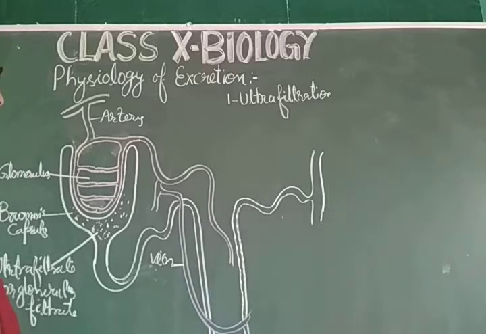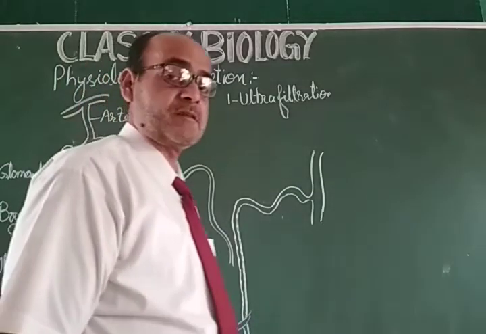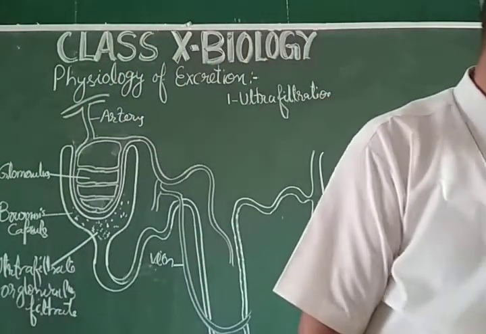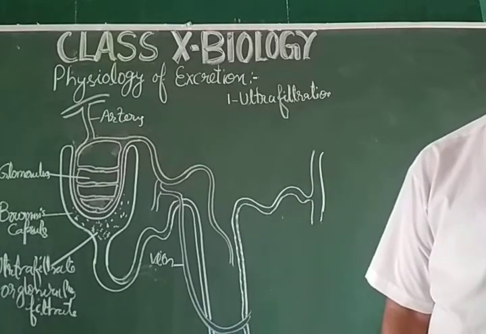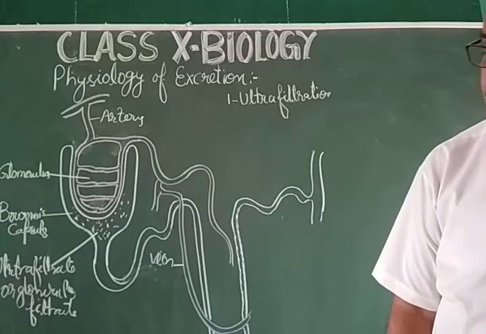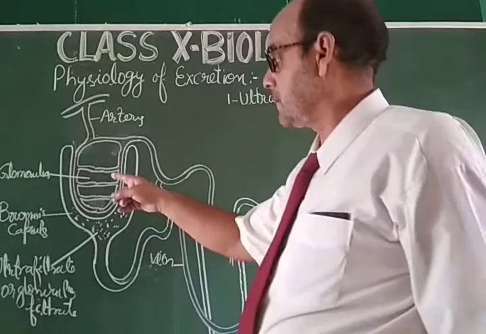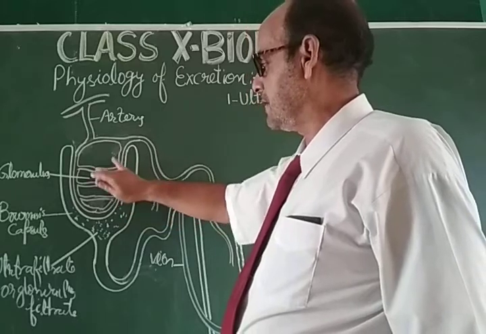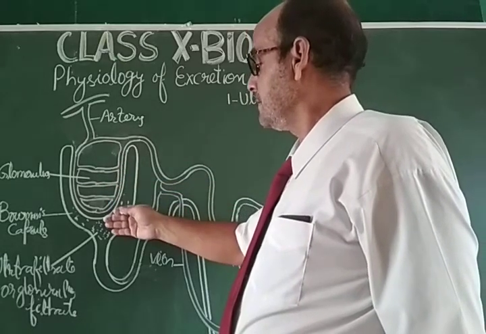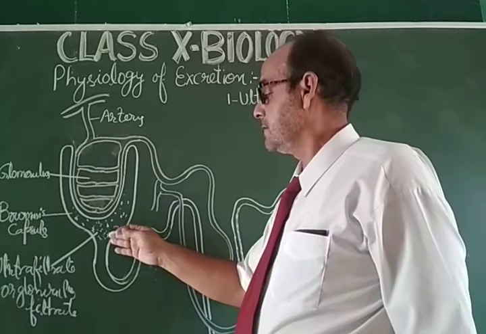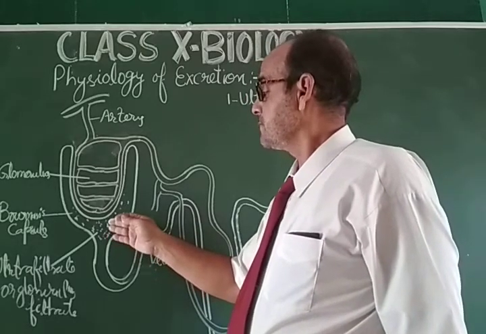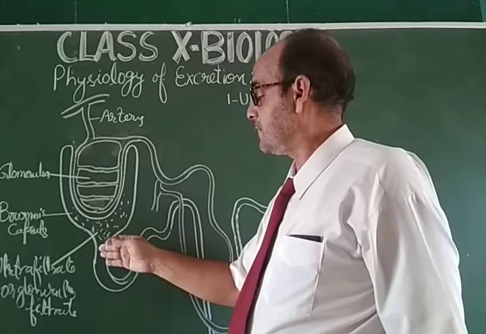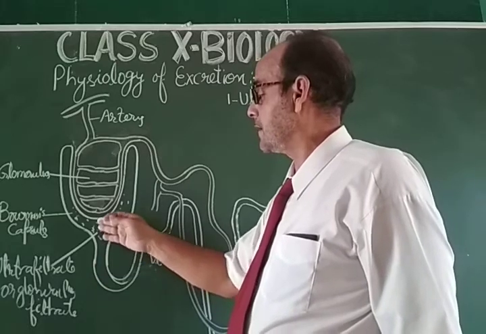So in this digital video, my dear students, the first process is ultrafiltration, which takes place in the glomerulus. This is called the glomerulus. And due to the high osmotic pressure in this glomerular region, there will be the filtration of the nitrogenous waste, which results in the collection of the ultrafiltrate or glomerular filtrate in the Bowman capsule.